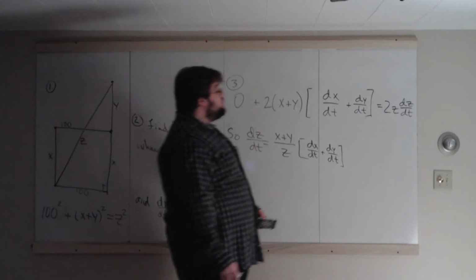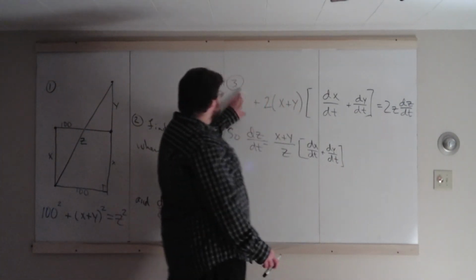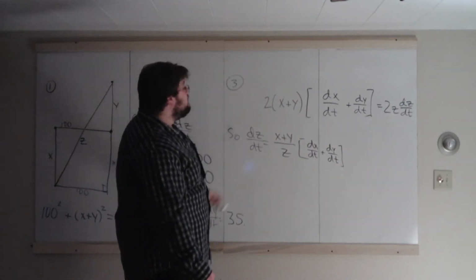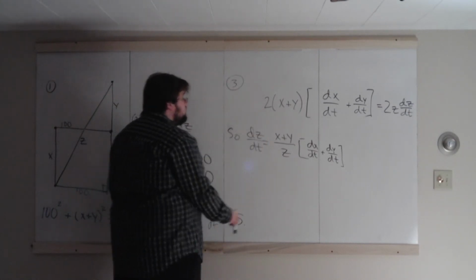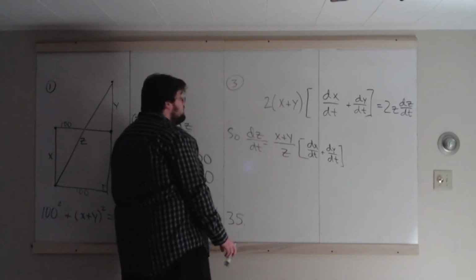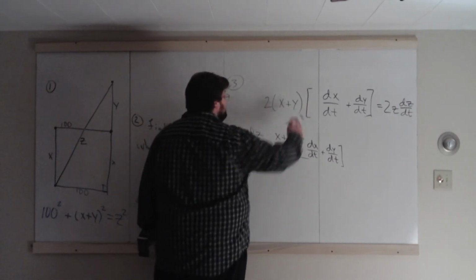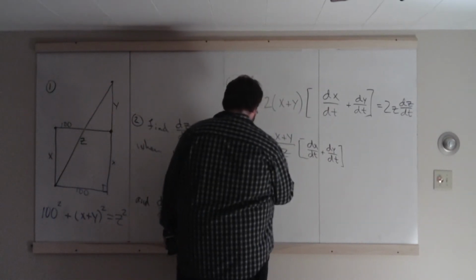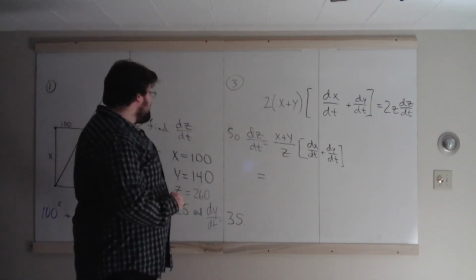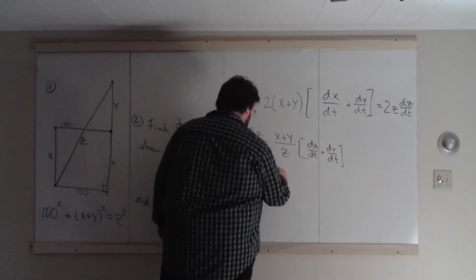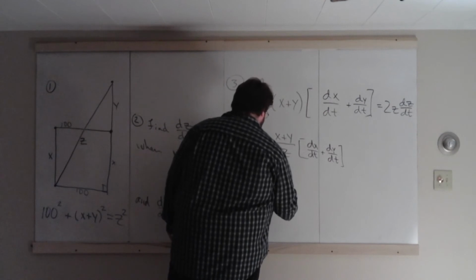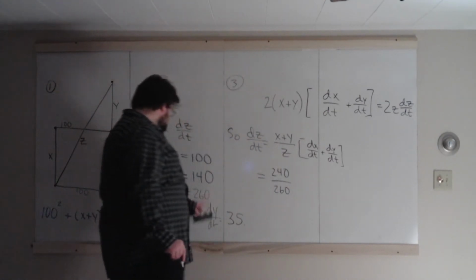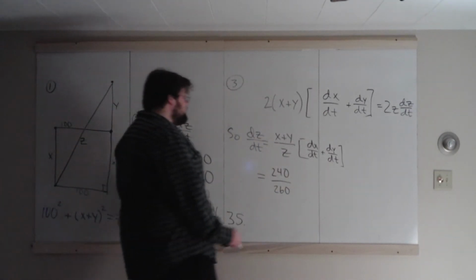Divide everything by 2z. Well, that 0 doesn't matter anymore. The 2's go away, and I just put the z on this term. So (x plus y) over z, leave that alone. And what do we get? x plus y is 240 over z is 260 times dx/dt plus dy/dt.